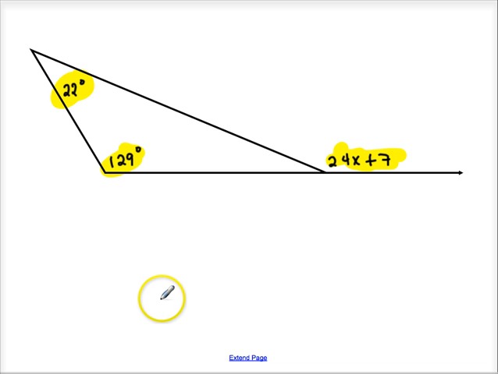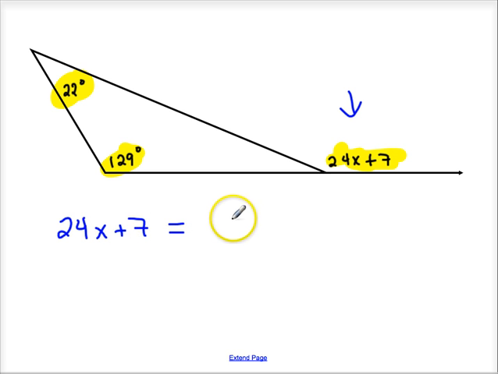So the exterior angle equals what? 24x plus 7. Okay, so 24x plus 7 is the exterior angle, and the exterior angle is equal to the sum of the two non-adjacent angles.